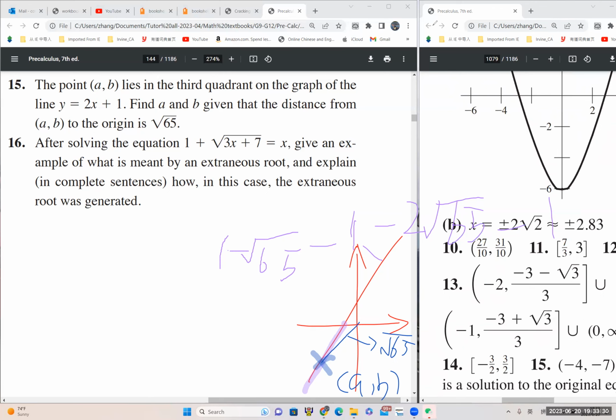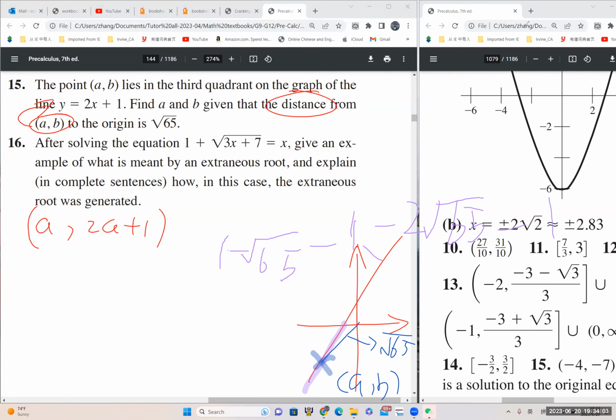Anyway, let me show how to do it. You know this point is on this line, right? So if x is a, then y is 2a plus 1, which also means b. So we just need to find a, right? How to find a? Distance formula.